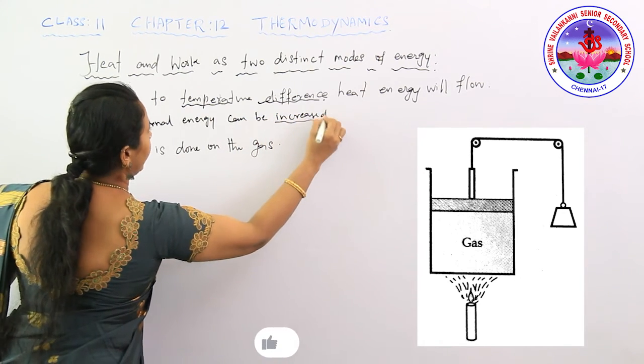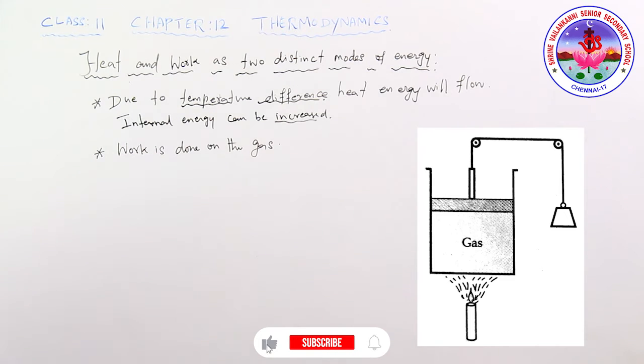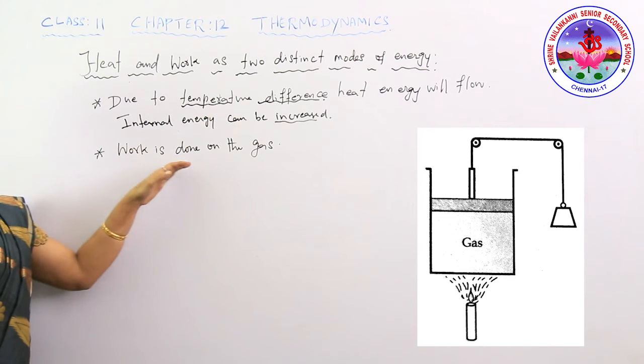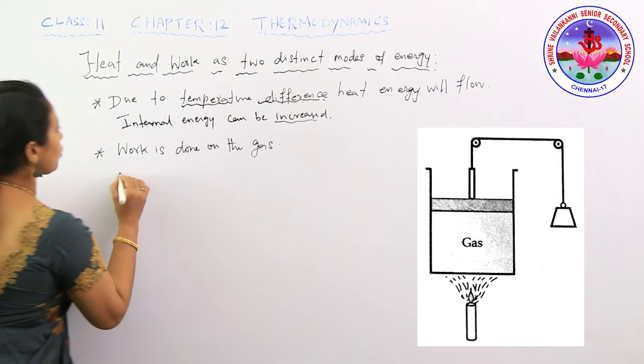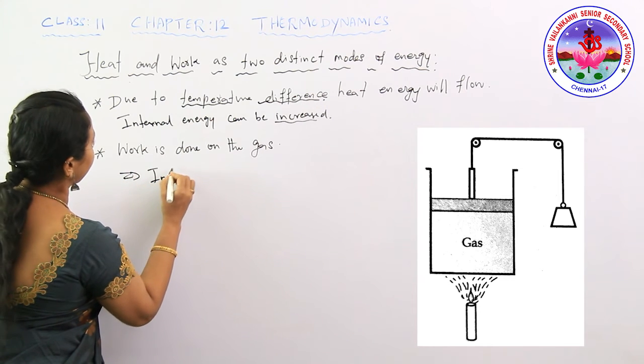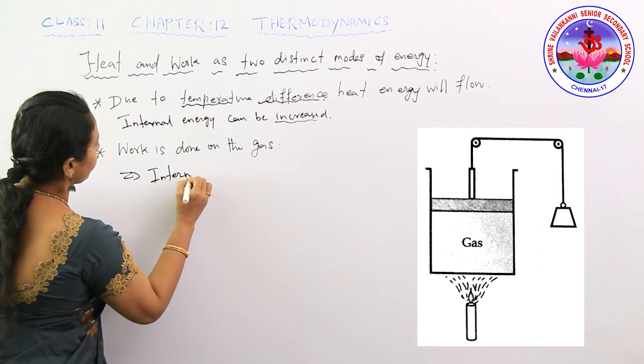Another way is that work has to be done on the gas. How? You may push the piston down by raising the weight which is attached to it. At that time, work is done on the gas, and the internal energy will also increase.